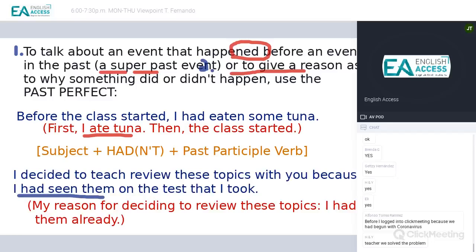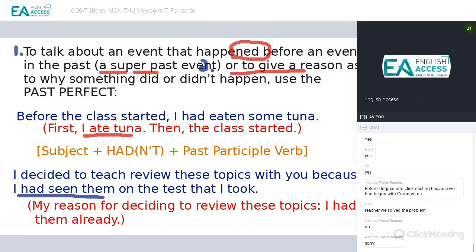Antes de meterme a Click Meeting, porque había empezado el coronavirus. It doesn't make sense. Maybe if you took out because, before I logged into Click Meeting, we had begun the coronavirus. Okay? Okay, great, Riri. Great.